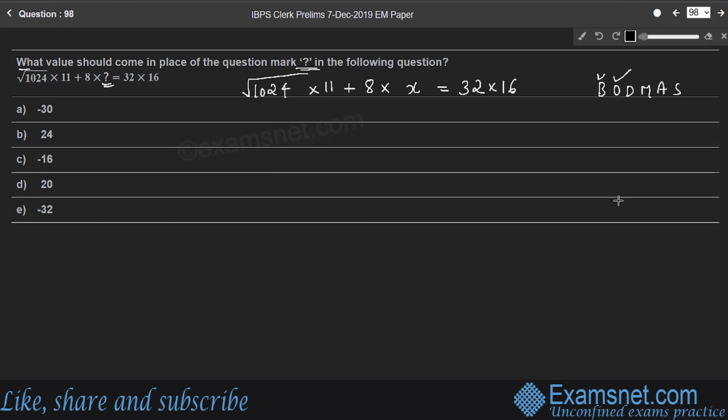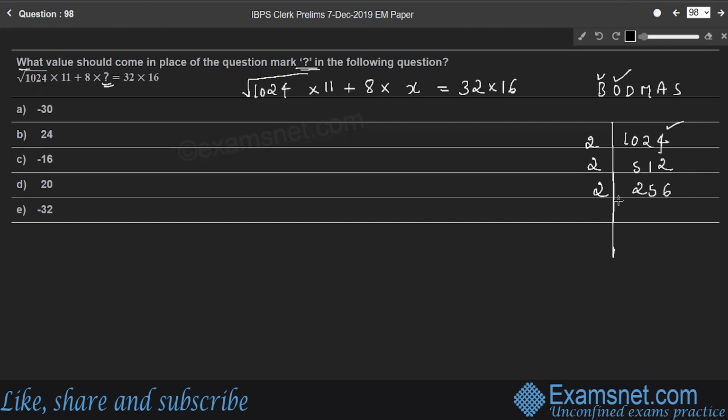Otherwise, you can go for the factorization method to find the square root of 1024. Since it is an even number, it is easily divisible by 2. So 2 into 5 is 10, 2 into 1, 2 into 2. So 2 into 2 is 4, 1 is the remainder. 2 into 5 is 10, and 2 into 6.